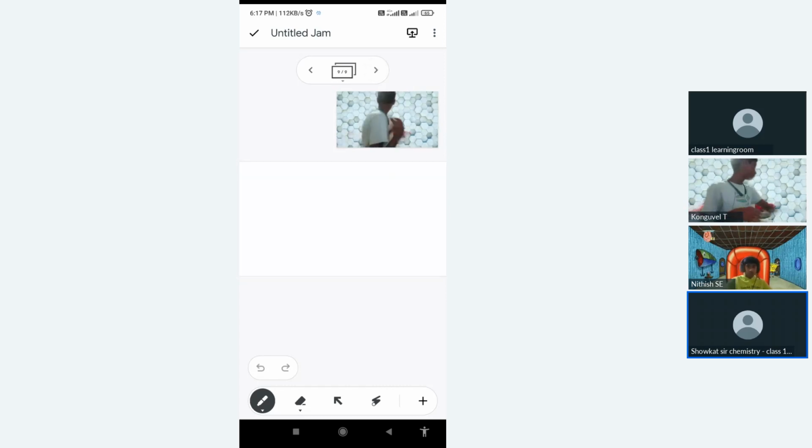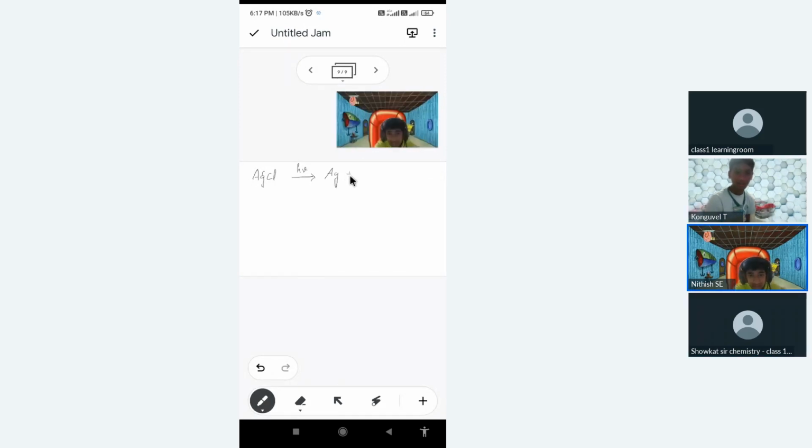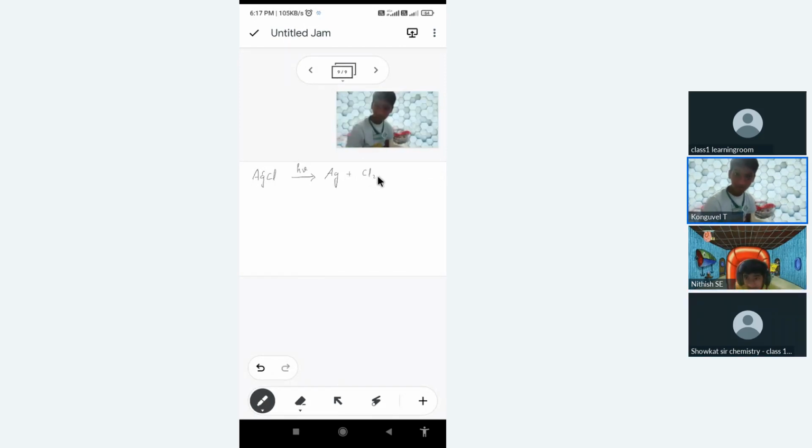Then let's see the next reaction that is also photochemical or photolysis, that is silver chloride, AgCl. When light falls on this, I can also write light like this, h nu. Can you tell me what this h nu is? It's h nu, not v.